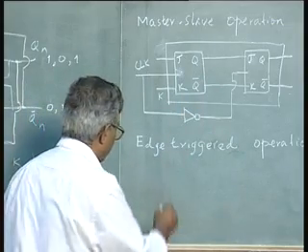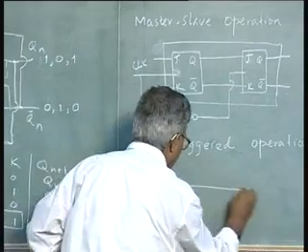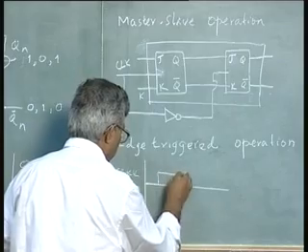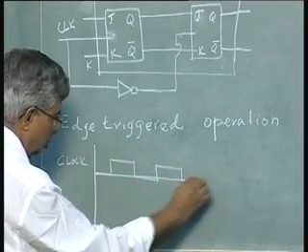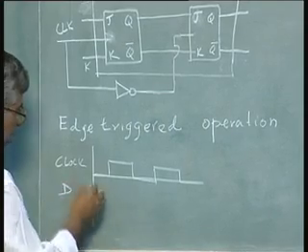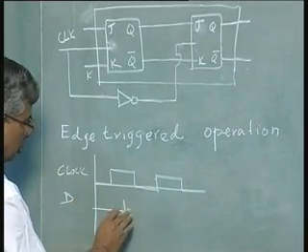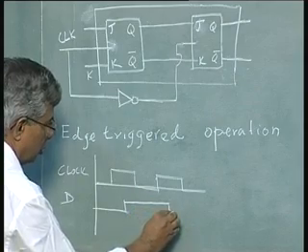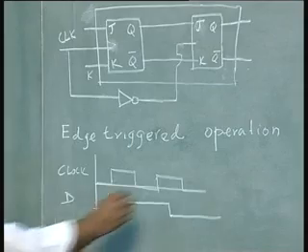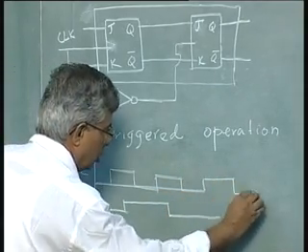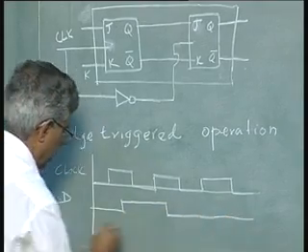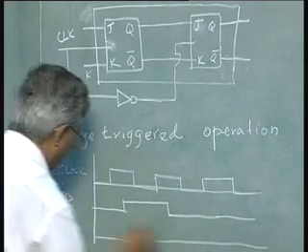That means what I am trying to say is, if this is my clock, and this is my D input, and this is my Q, the output of the D flip flop.